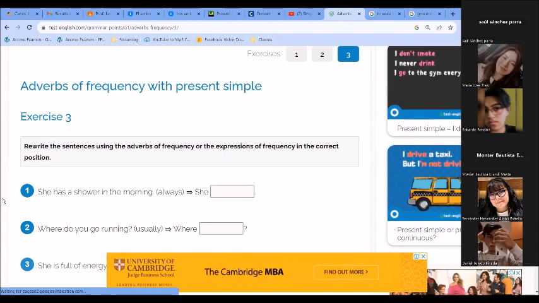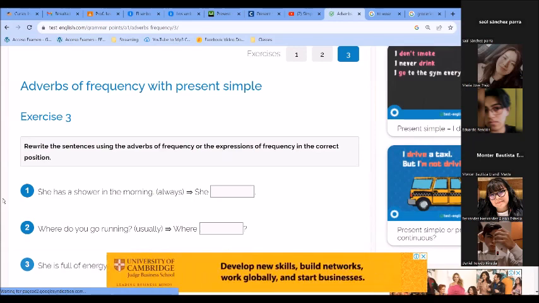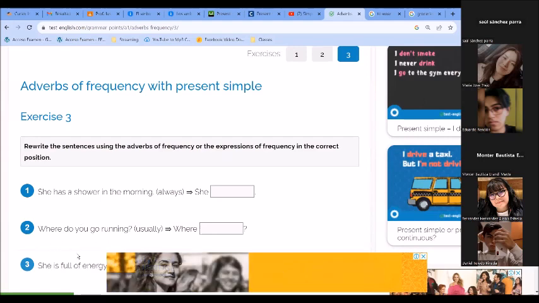Your idea is she has a shower in the morning. So that means she always has a shower in the morning. Saul, asking a question with where, this is your idea. How would you make a sentence with usually? A question with usually.